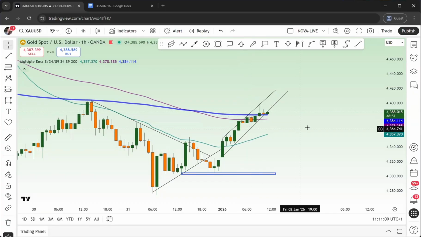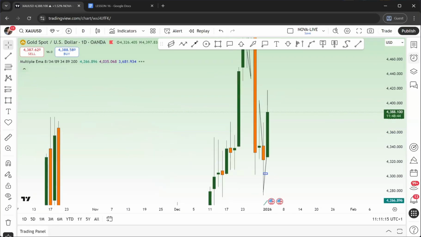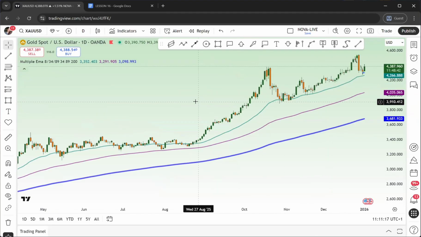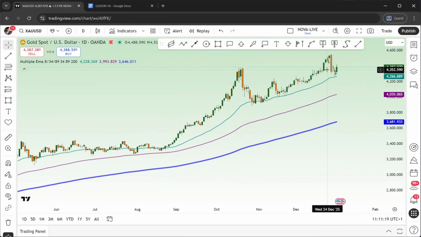So what is the own trend? How can we identify the own trend? You can look at a big time frame, yeah, a big time frame like daily. So you can see that now all the candlesticks are still lying above 3 EMAs, right? Let's go back to the EMA knowledge again.